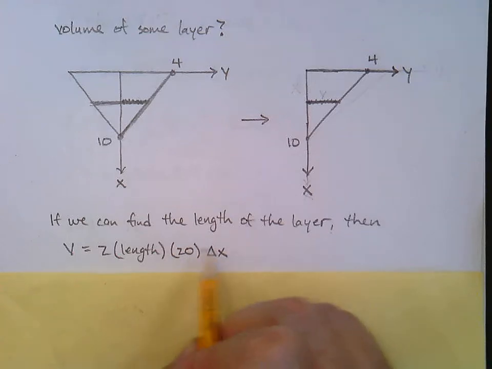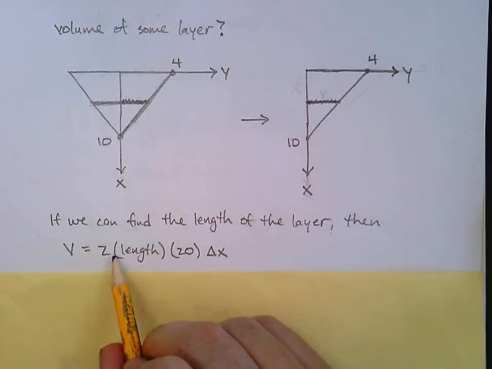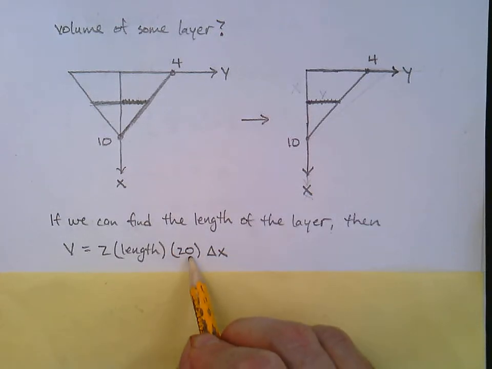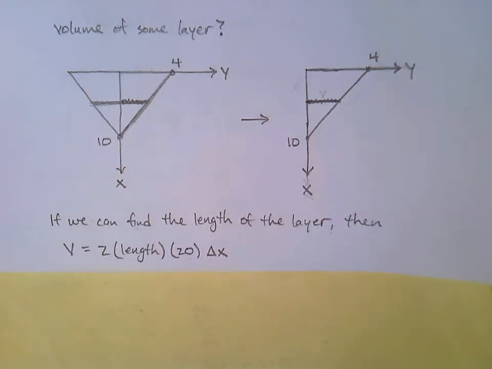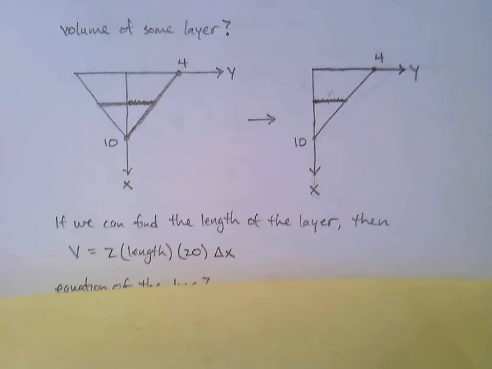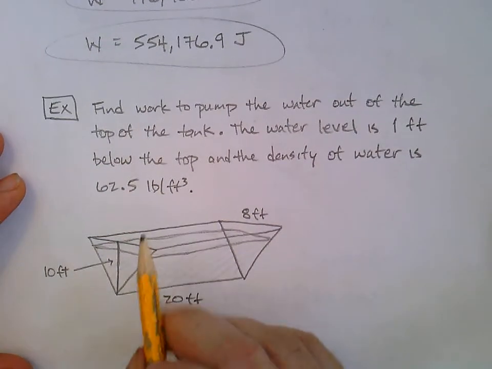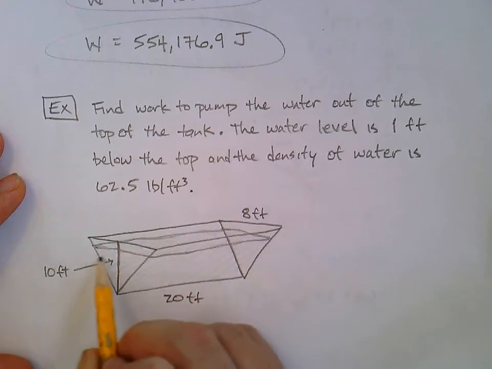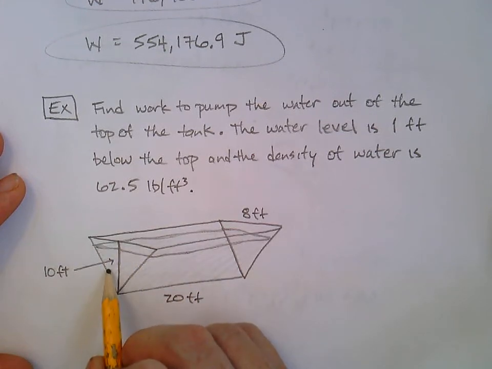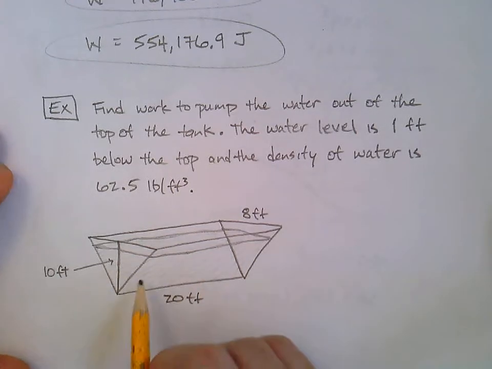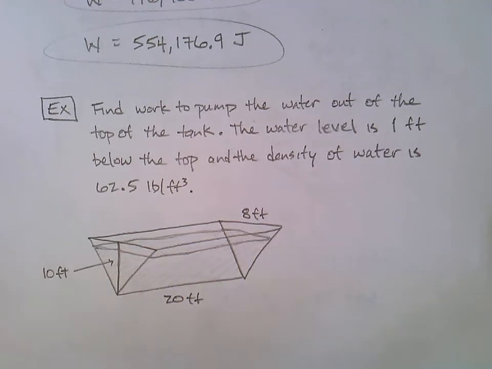Where do these other parts come from? So maybe twice the length makes sense because we got to double it. But where does that times 20 come in? So remember that we're just looking at the very end of the tank. The tank is 20 feet long. So, we're just looking here. So if we can figure out that length, well, then we got to multiply it by 20 to get the full area of that rectangle.